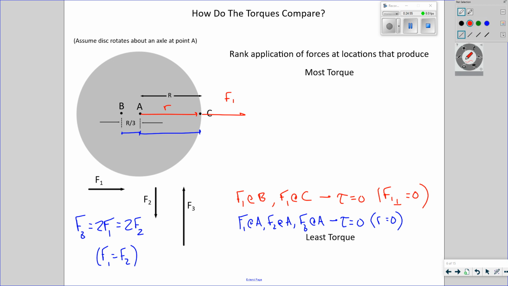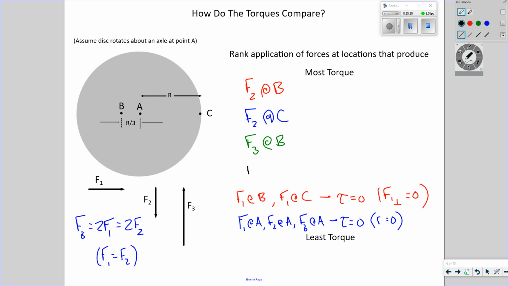So what we're left with, I'm going to write them down: F2 at B, F2 at C, F3 at B, and F3 at C.